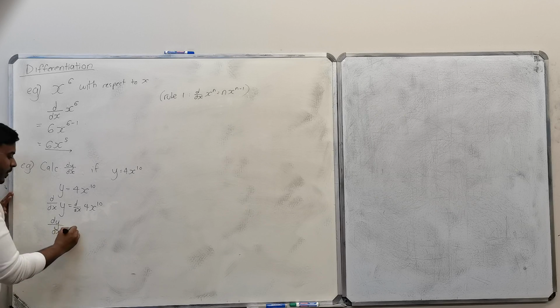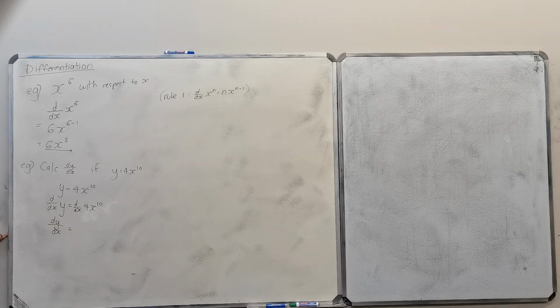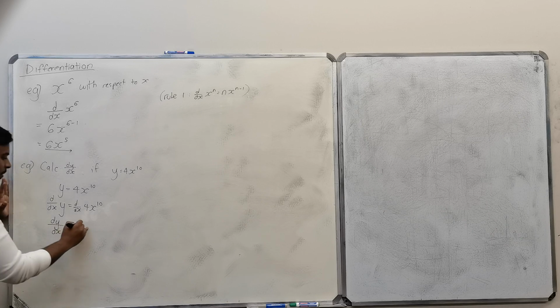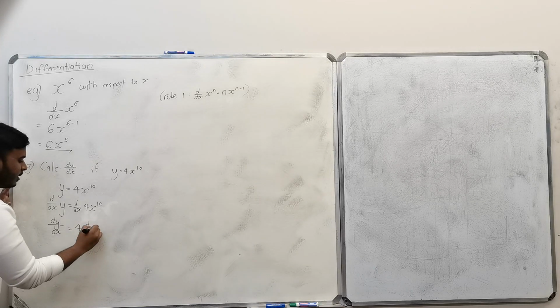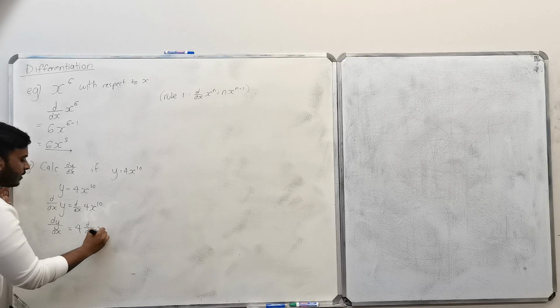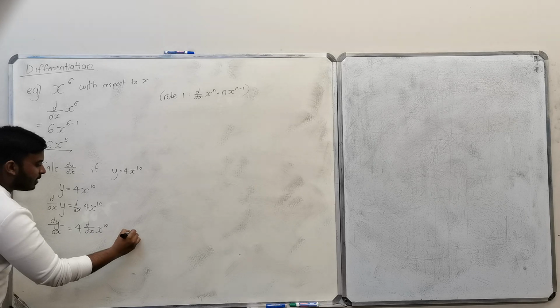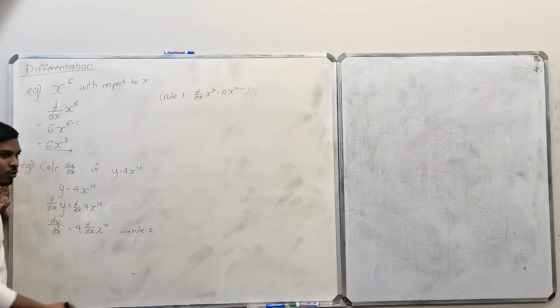Looking at rule 2, you take the constant out. So this would become 4 d over dx of x to the power 10. That is rule 2.